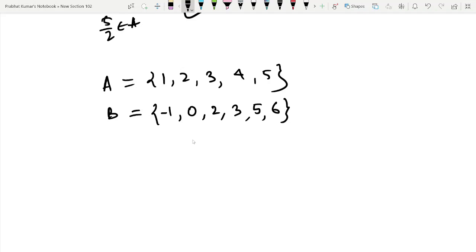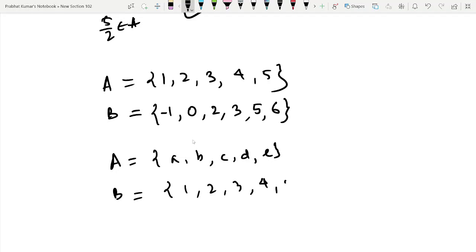So someone who says that the greatest element always wins, for them, let's consider this example. Suppose this is a, b, c, d, e, and another is 1, 2, 3, 4, 5. Okay, so in B the greatest element is 5.